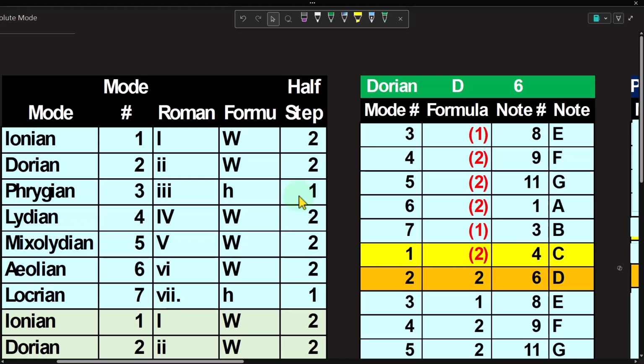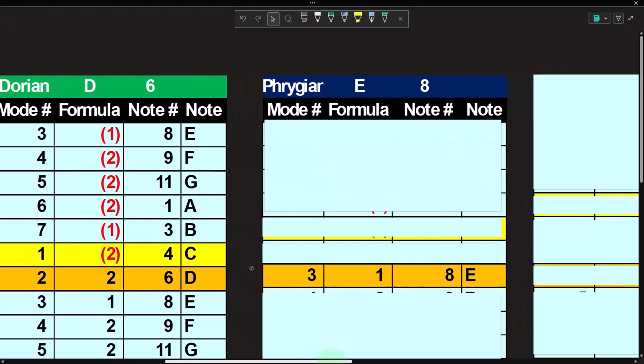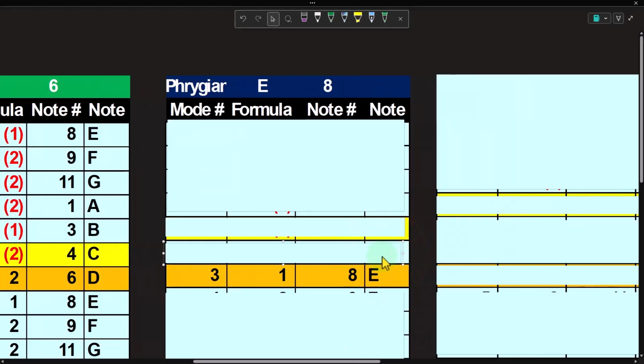I can see that's going to be a 4-note distance if I was on the C to get to the Phrygian. So I'd have to go back 4 steps from the Phrygian to get to the major. In other words, if I was on note number 8, which I'm calling E, 1 whole step back gets me to 6, which would be D, and another whole step back would get me to 4, which would be C.